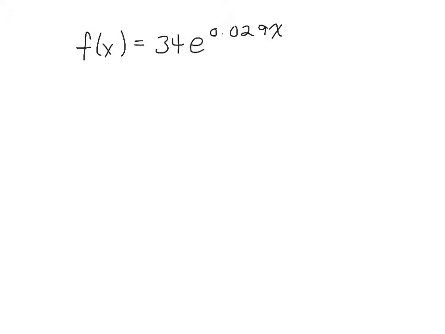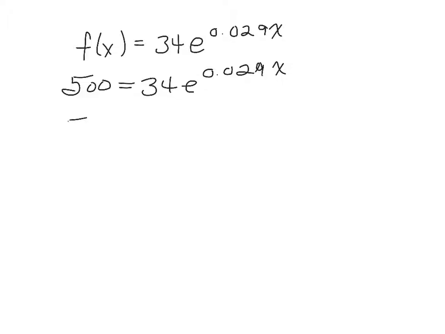So we are asked to find the year in which the wine consumption reached 500 million gallons. So 500 would be our f of x value. And we're being asked to find x, or the number of years since 1900 that wine consumption reached 500 million gallons. So here the first step would be to divide both sides by 34.